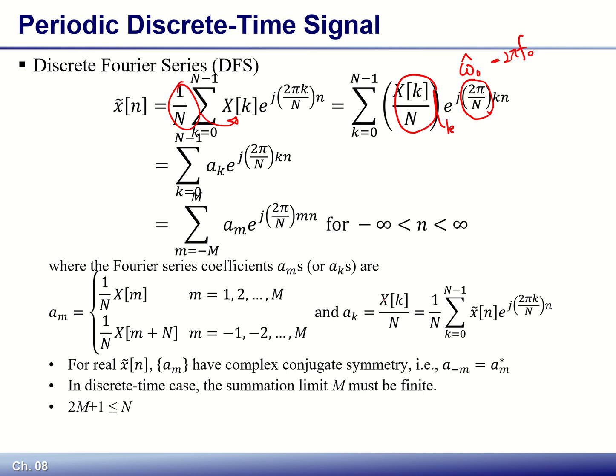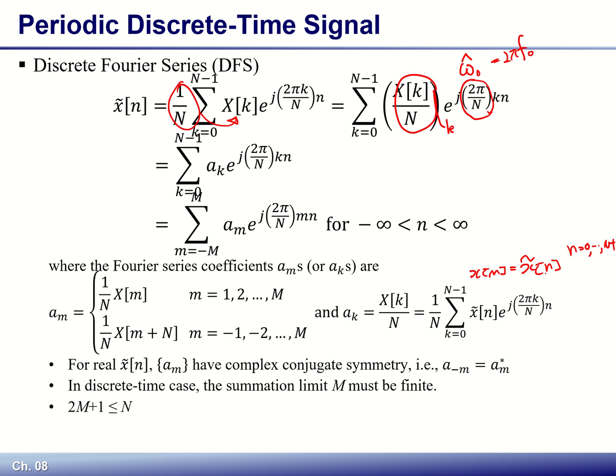So from the definition of DFT, it will be 1 over N sigma x[n] exponential minus j 2 pi k n over N. Since it will be x tilde, it will be the same for n from 0 to N minus 1.